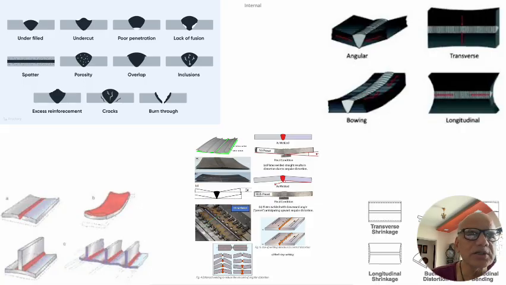The next two defects, overlap once again, by measuring the width of the groove and then later on finding out what is the width of your weld, and then by using some very fine wires you can try to insert between the overlap region of the weld and the base metal, whether this overlap is good or is it only on the surface.